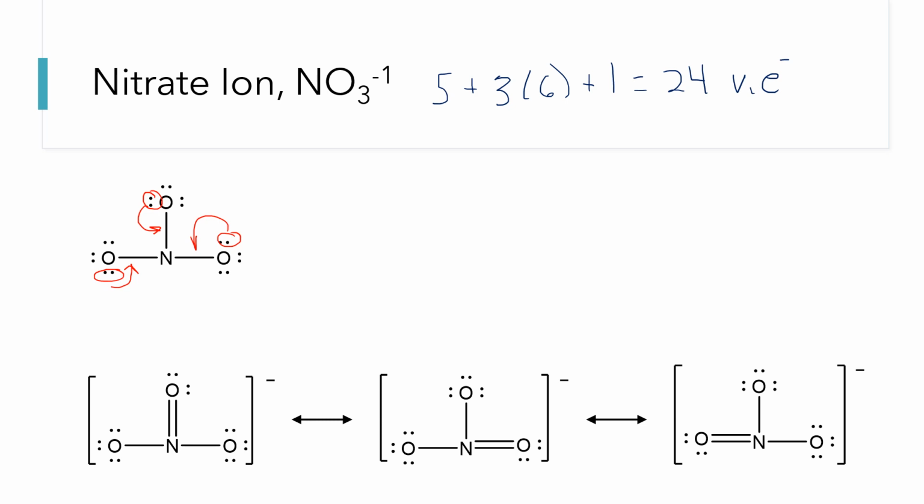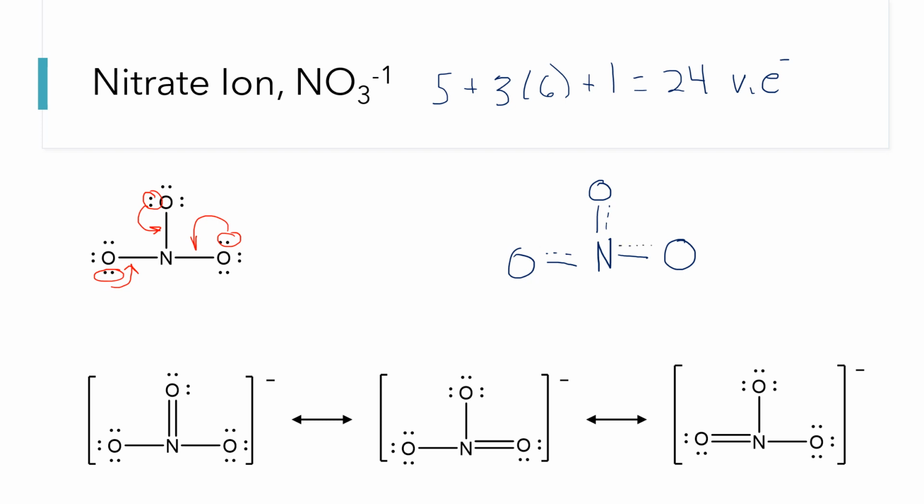Well, in this case, with our resonance hybrid, what we'll say is that the real structure has nitrogen in the middle, and then it has 3 oxygens. And when we measure those bond lengths, the way we'll represent them in this Lewis dot structure is with a dotted line for that extra bond.